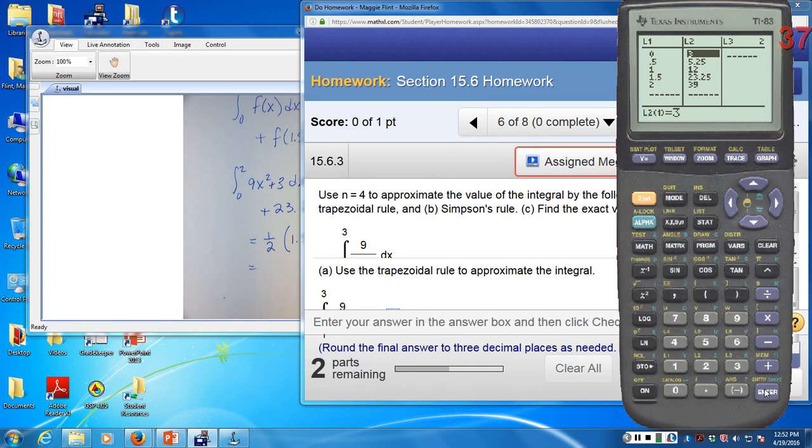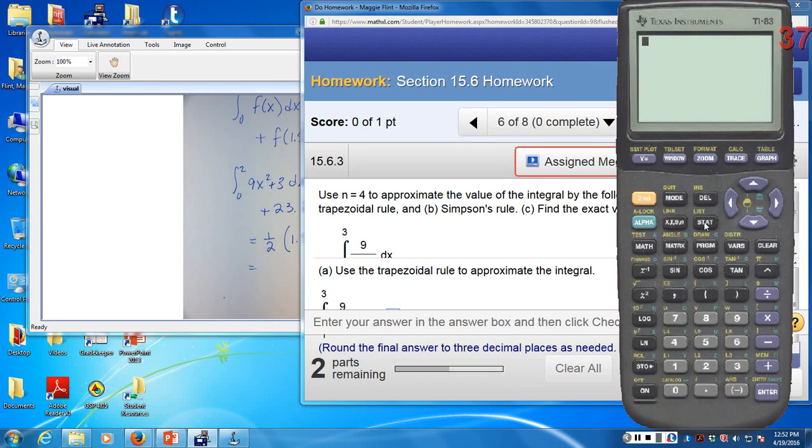And the only thing I have to do now, if I want to do the trapezoid rule, is remember that the first one and the last one are multiplied by half. So I'm going to say that is 3 times 0.5. And then I'm going to go down to the 39, and say that that's 39 times 0.5. And then I'm going to ask it on the home page, find me the sum.